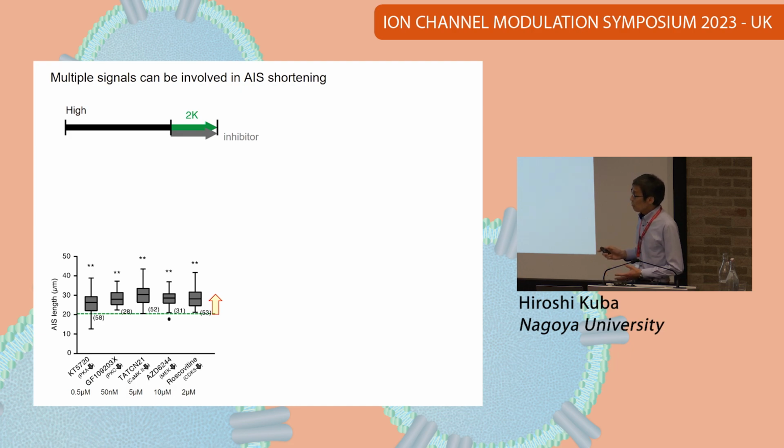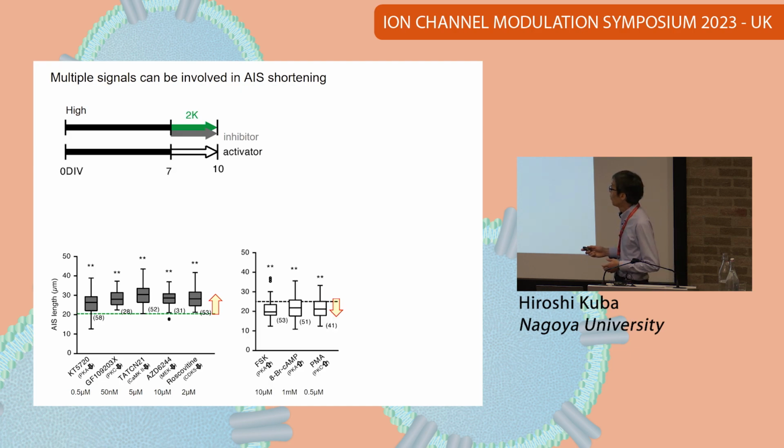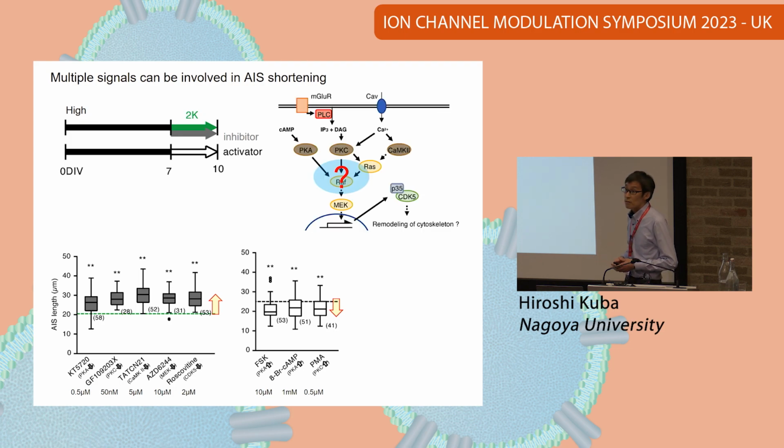The result was rather surprising, but we don't think this was an artifact because we kept the concentration of the drugs as low as possible, and the activators of some kinases like PKA and PKC caused the opposite effect. Thus, our results would indicate that multiple signals can trigger the AIS shortening, and there is strong crosstalk among the signals.